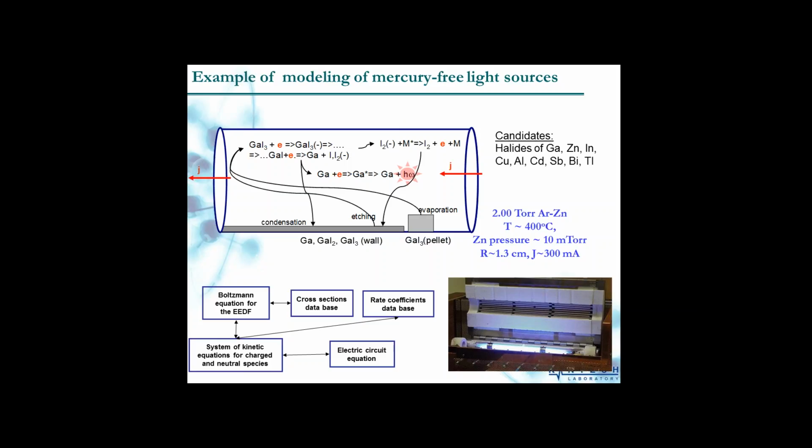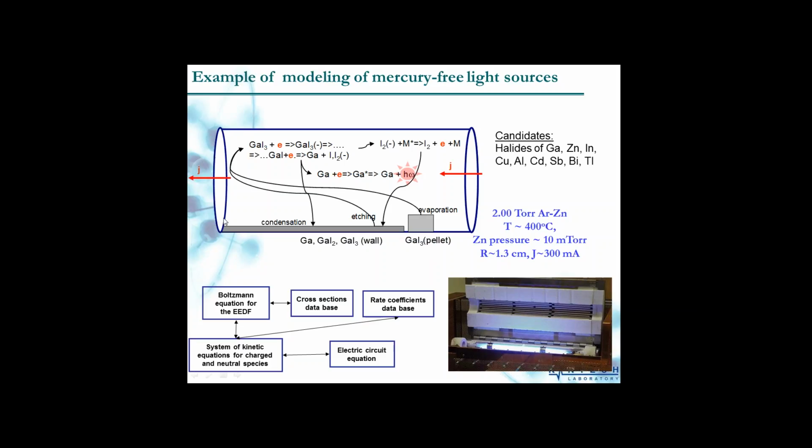Actually, there is no such element, because all elements except mercury, I mean the metals, have a very low vapor pressure. The idea was the following: let us use a halide of the metals. The vapor pressure of the halide is comparable with the vapor pressure of mercury.